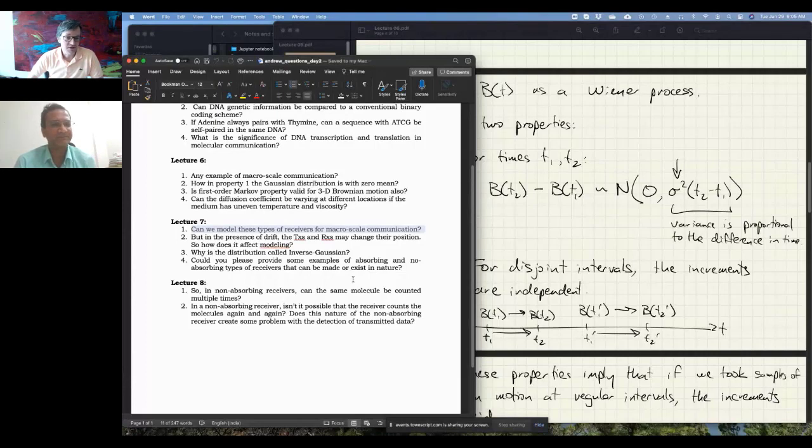we can model these types of receivers using macro-scale communication. The best model to use is the non-absorbing receiver. There are some techniques that are laid out, I think, in a later lecture. What we've discovered through experimentation is that because the molecules aren't absorbed, they tend to linger in the region of the receiver, and that causes a very long tail to the impulse response of the channel, and the ISI will tend to be significant unless you use something like drift, like a big fan, to blow it away.